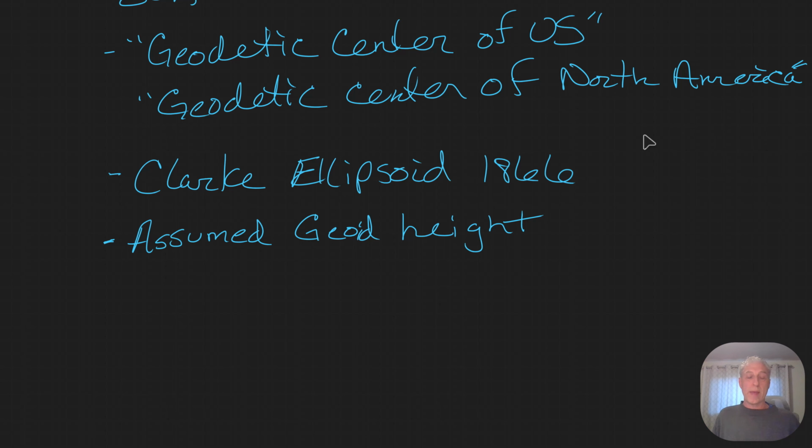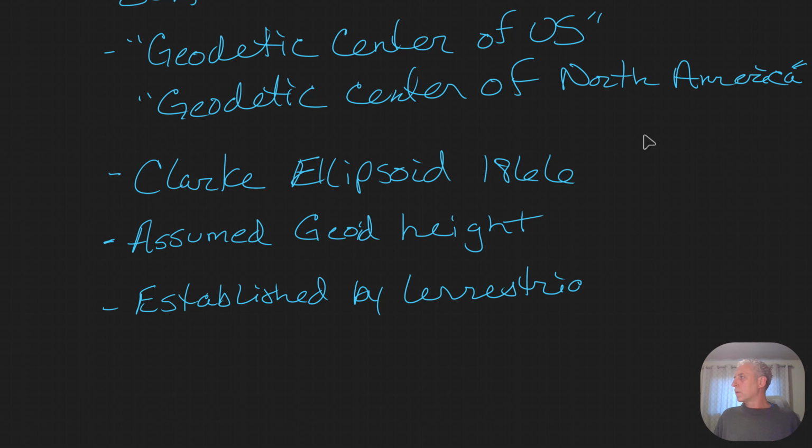Nowadays, we have good models for the geoid. It was established by terrestrial traverse, level loops. Can you imagine how many level loops they had to have run, or how many level points?